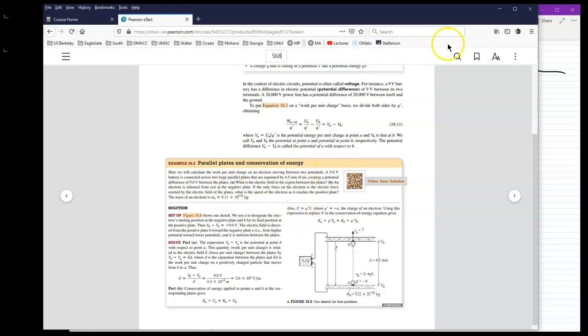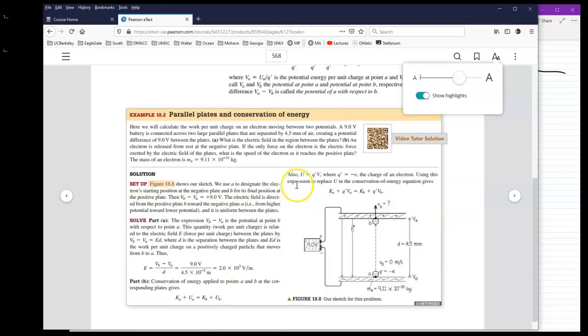Three parts. Let's make it a little bit bigger. All right. He says here is the capacitor, if you will. So you got those two plates, positive plate and negative plate, and we have an electron sitting here. This is the mass of the electron, and there is a voltage between them. We haven't talked about voltage, but I'll tell you in a minute what it is.